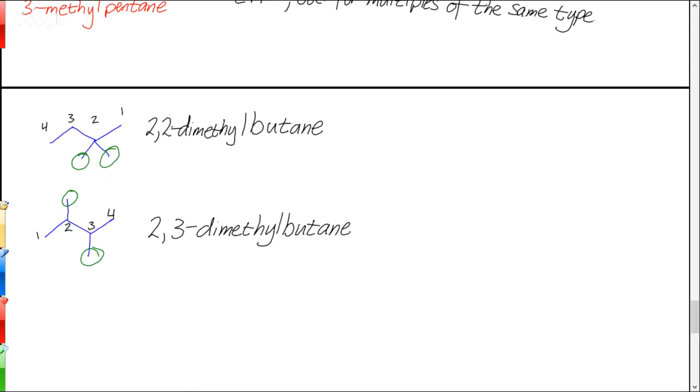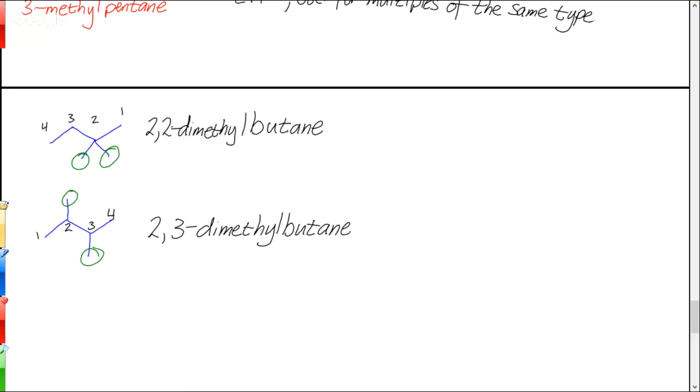This one, what do we got here? What's the longest chain? It's 6 again, right? And would we number from the right or from the left? This time we want to start from the right because we got more substituents over here. So let's take a look at that. 1, 2, 3, 4, 5, 6.